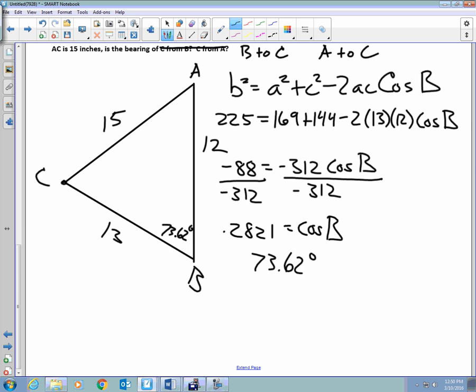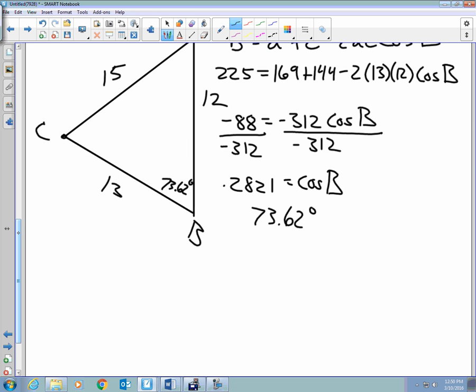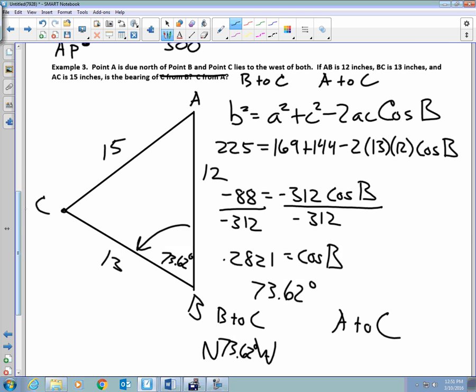If you want to know the bearing of B to C, what direction is it from B to C? North, west. How many degrees to the west of north? Good. In order to do A to C, I'm going to have to know this angle, right? I have to figure out that angle. Law of sines.